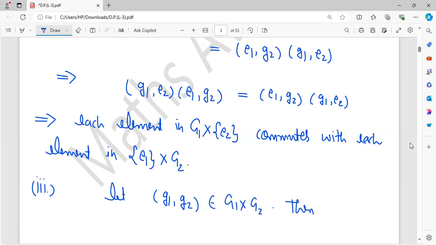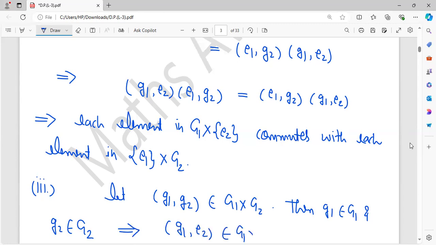Then g1 belongs to G1 and g2 belongs to G2. So this implies (g1, e2) belongs to G1 × {e2} and (e1, g2) belongs to {e1} × G2.